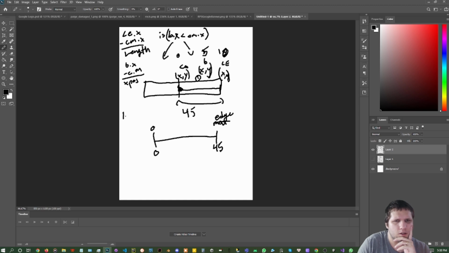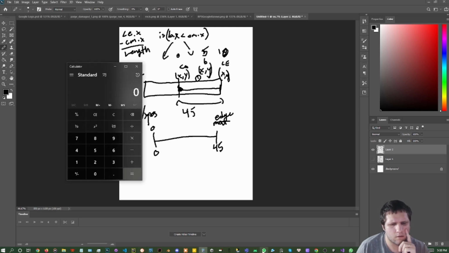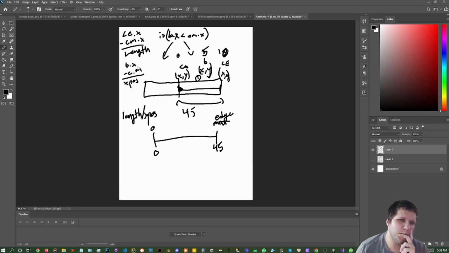Okay, so then we want length divided by x position, right? 10 divided by 5, that'd be 2, yeah. 5 divided by 10 would be 0.5.